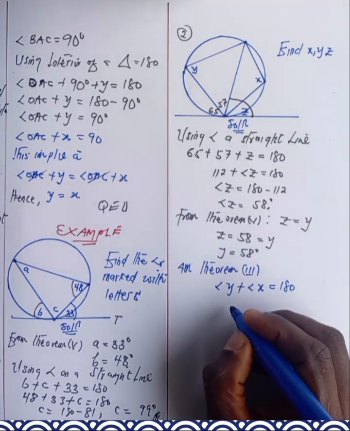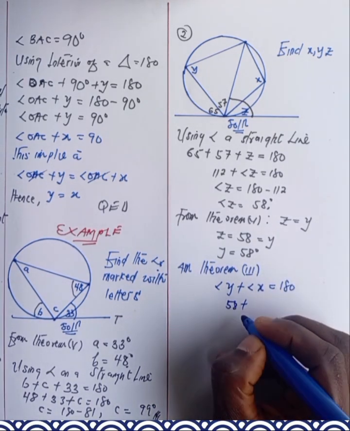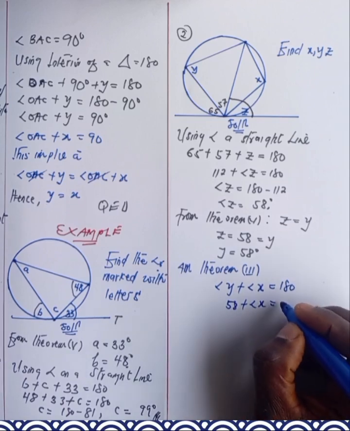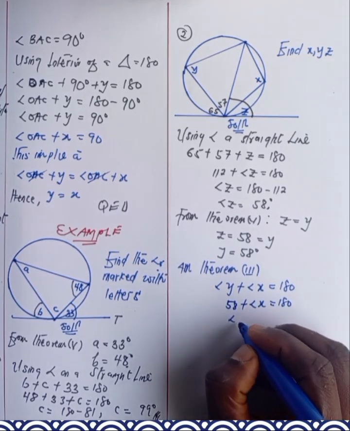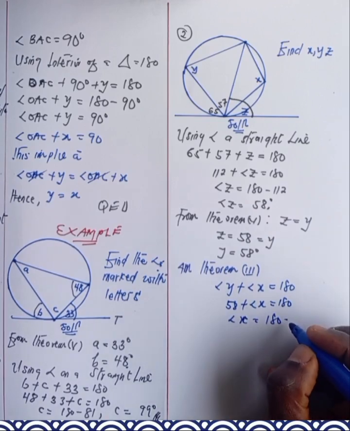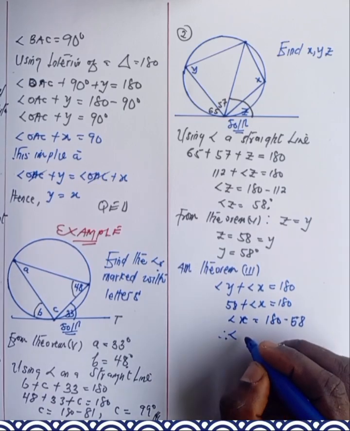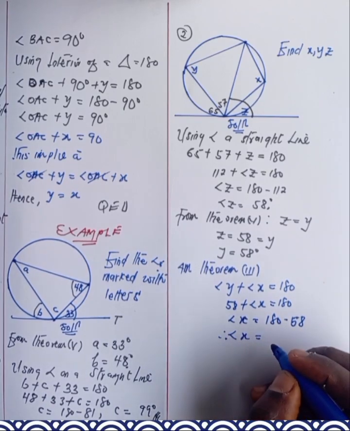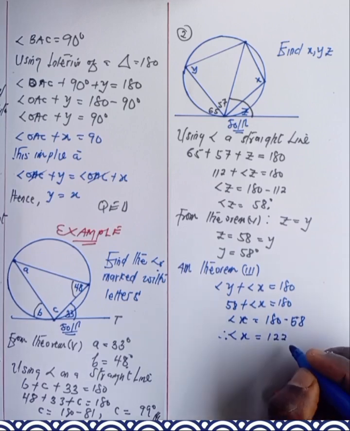But we know the value for y, which is 58, plus angle x is equal to 180. So angle x is equal to 180 minus 58. Finally, our x is equal to 122.